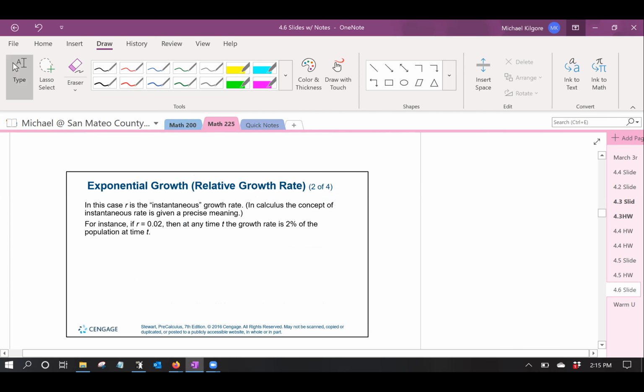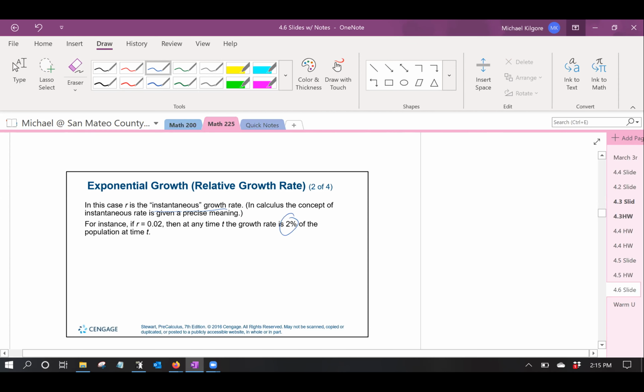So let r be what we call the instantaneous growth rate. If r is equal to 0.02, then at any time t, the growth rate is 2% of the population. That means the population is going to grow by 2% in the next moment; 2% of the population is going to be added on to the current population.